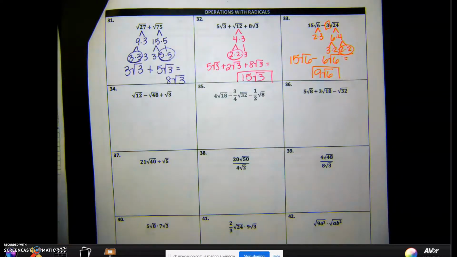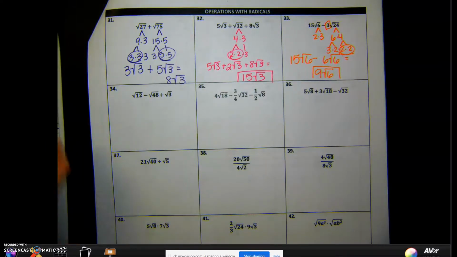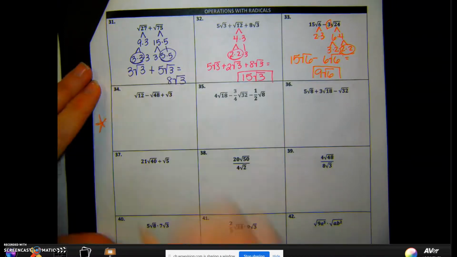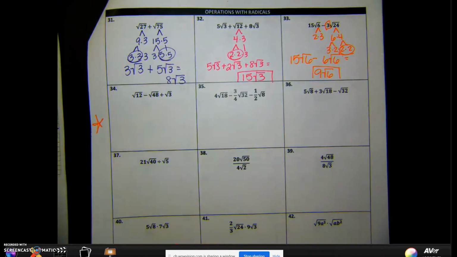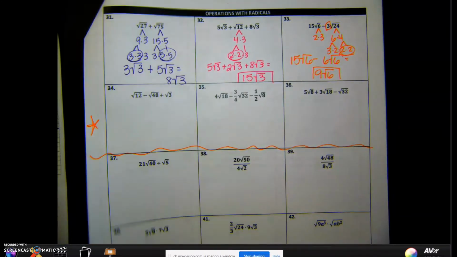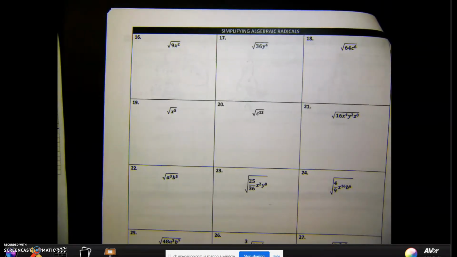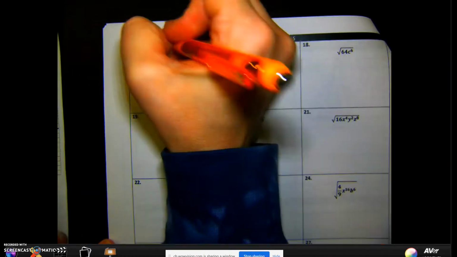Awesome. Okay. The rest of the time is work time. This is what I need for you to do. 34, 35, 36. That whole row. Then flip it back to page 4. I need for you to do 16 through 30 on this.